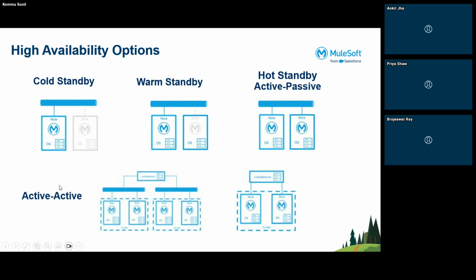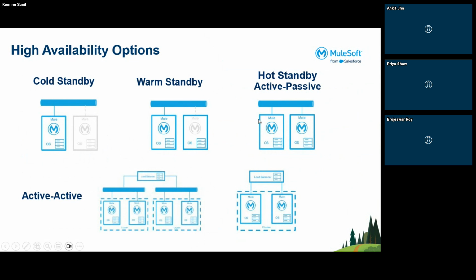And the last mode is hot standby, active active, right? In the active active mode, you will have both the servers running the same applications and serving the request, but you will have a load balancer on top of it. That load balancer will determine, for each request, which server it should go to.